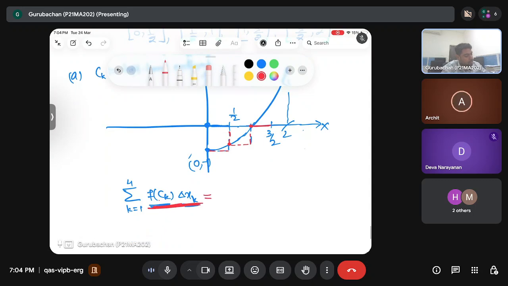This interval is divided into 4 subparts. First one is f of 0 into half minus 0.